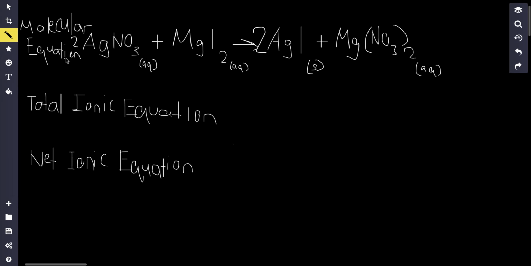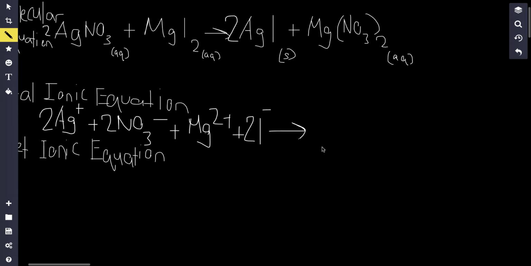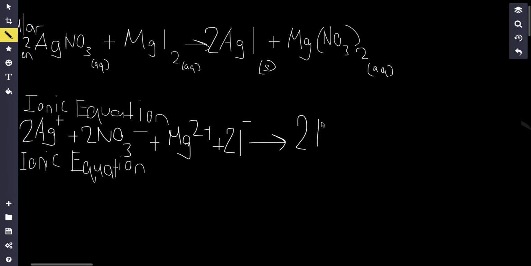When silver nitrate dissolves in water right over here, we're going to get 2 Ag plus, plus 2 NO3 minus. I'm going to have 2 of this ion and 2 of this ion. And this is going to be plus Mg2 plus, and then 2 I minus, and this is going to yield our precipitate, which remains unchanged because it's a solid.